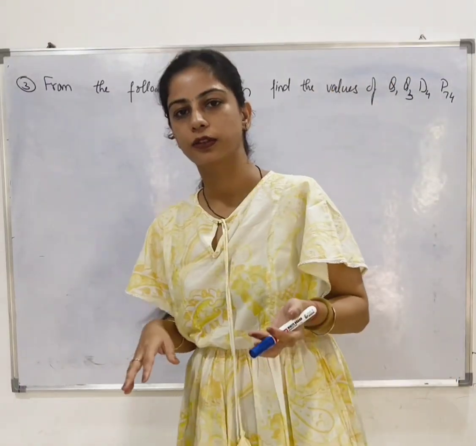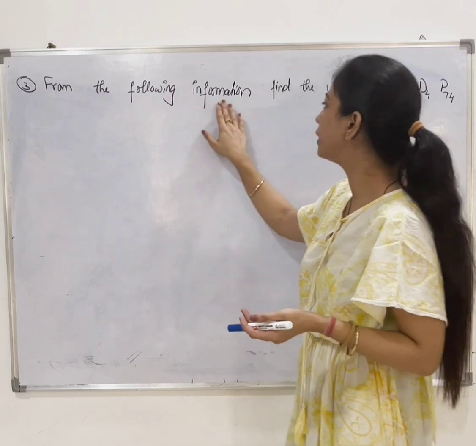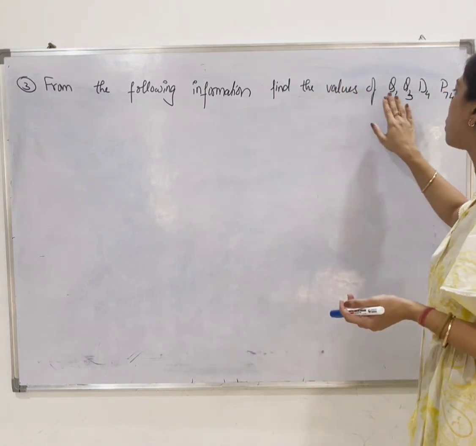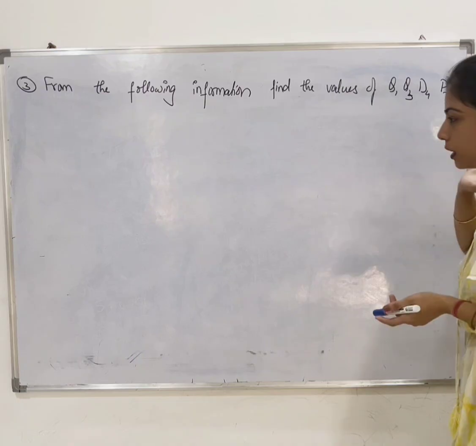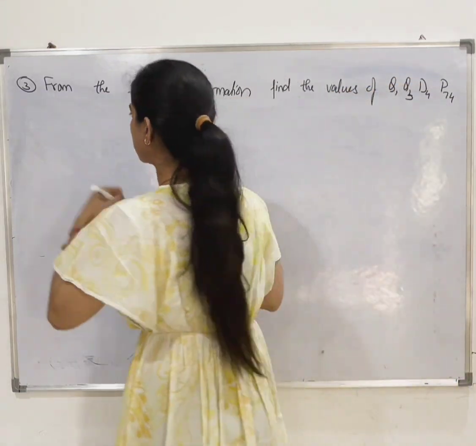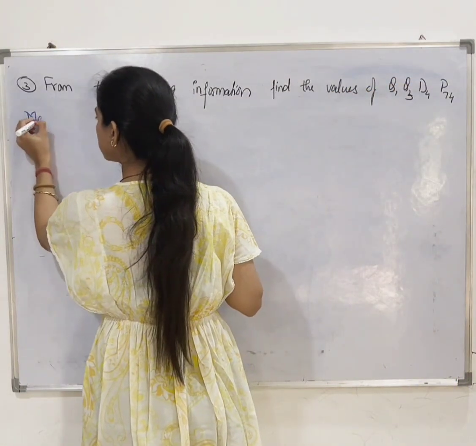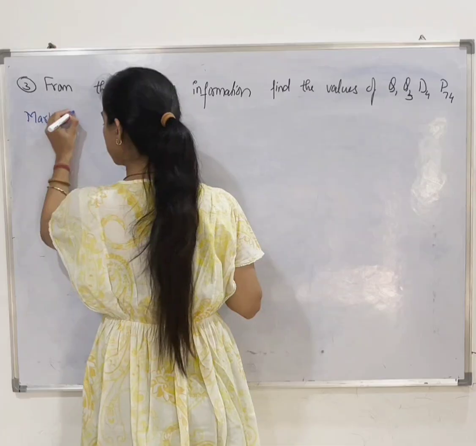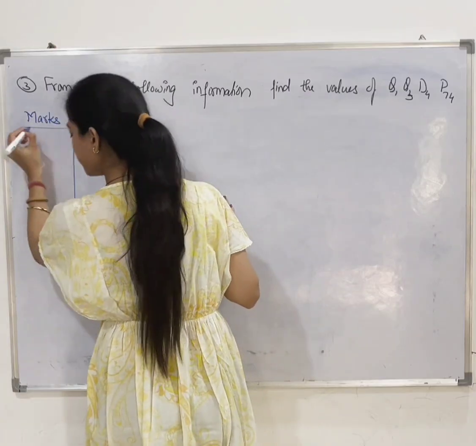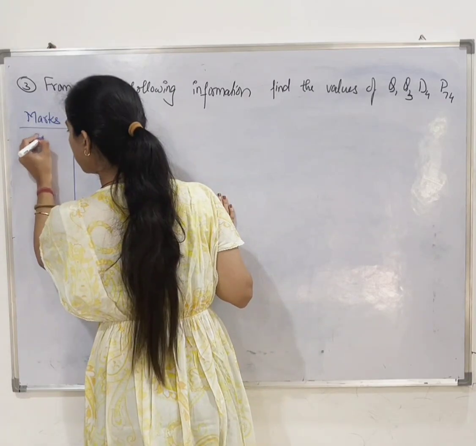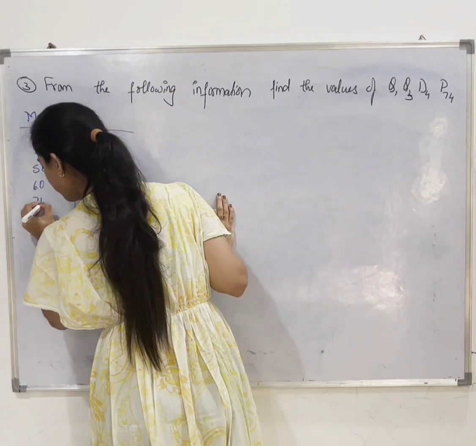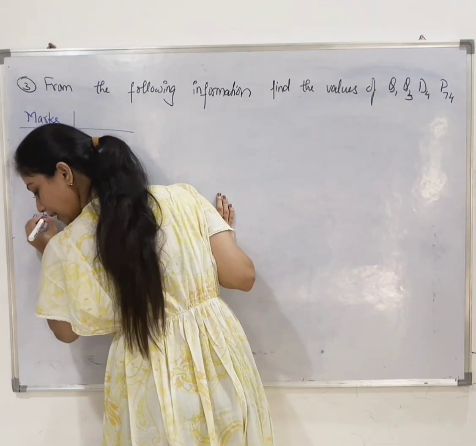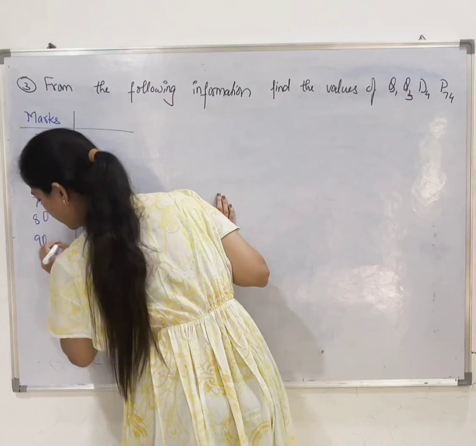Okay, now let us look at the next question. From the following information, find the values of Q1, Q3, D4, P74. The data given to us is marks: 30, 40, 50, 60, 70, 80, 90.